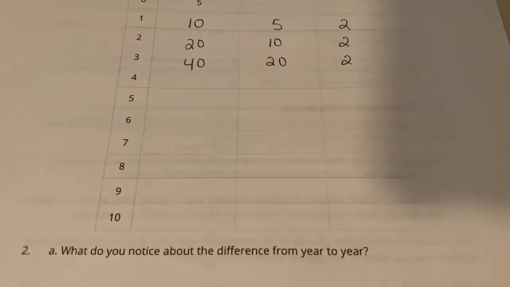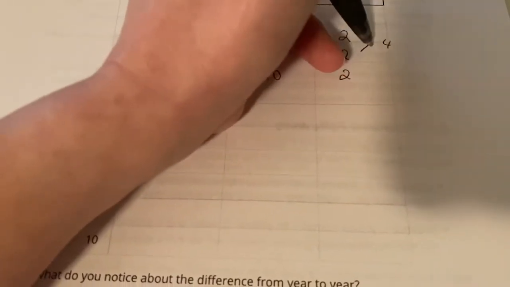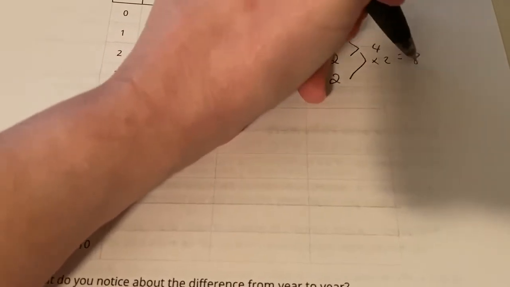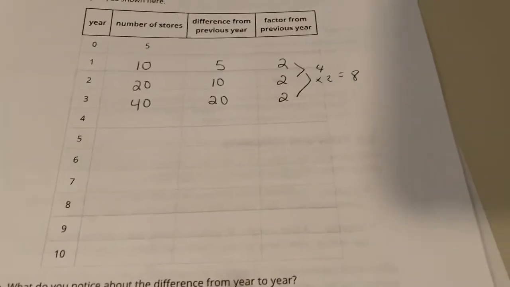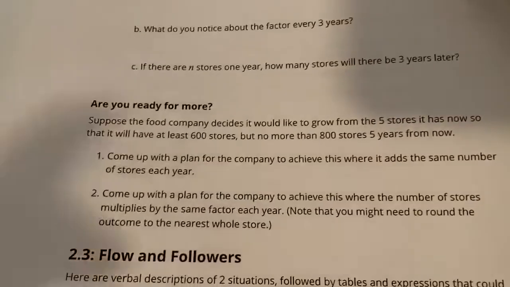If we're looking at this table, 2 times 2 is 4, times 2 gives us 8. So the factor every 3 years is going to be 8.